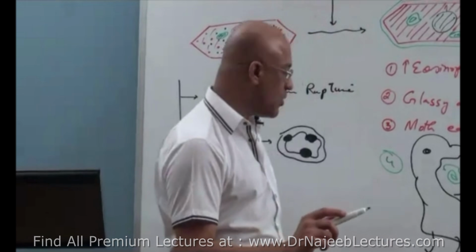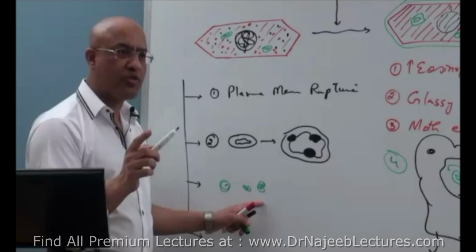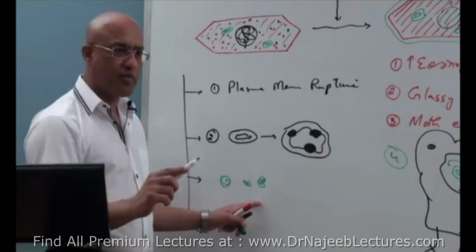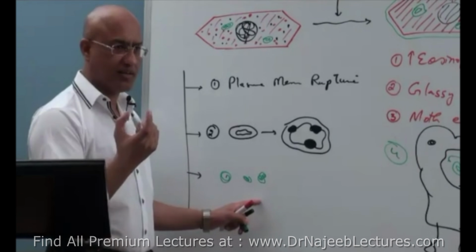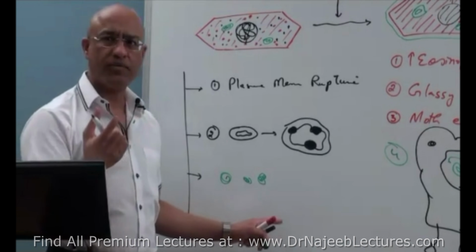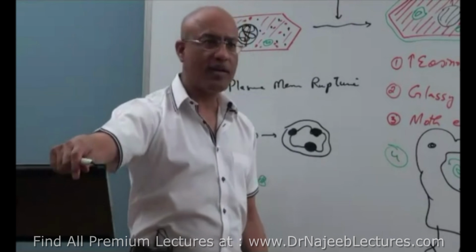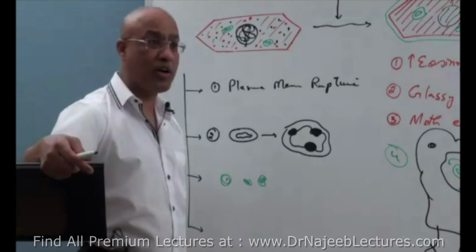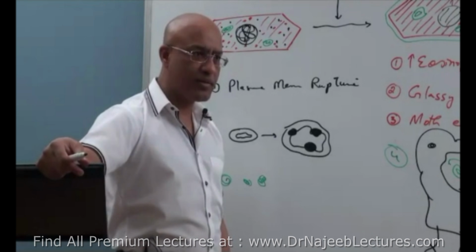These are derived when lysosomes, peroxisomes, Golgi apparatus, endoplasmic reticulum, mitochondria, all those membranous organelles undergo changes, and they may end up as small intracellular multiple myelin figures.